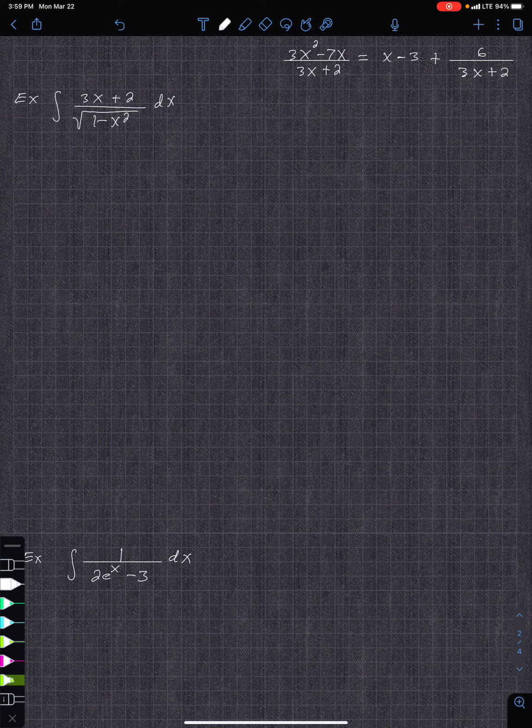So by doing that, you have the integral of 3x over square root of 1 minus x squared dx plus the integral of 2 over square root of 1 minus x squared dx.